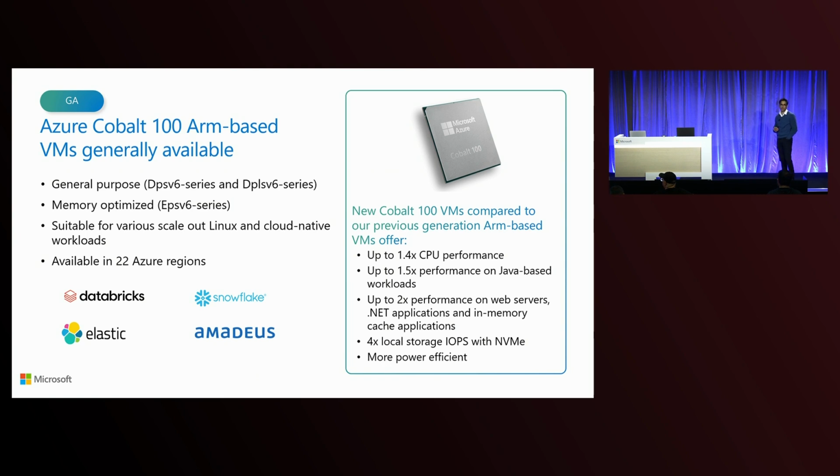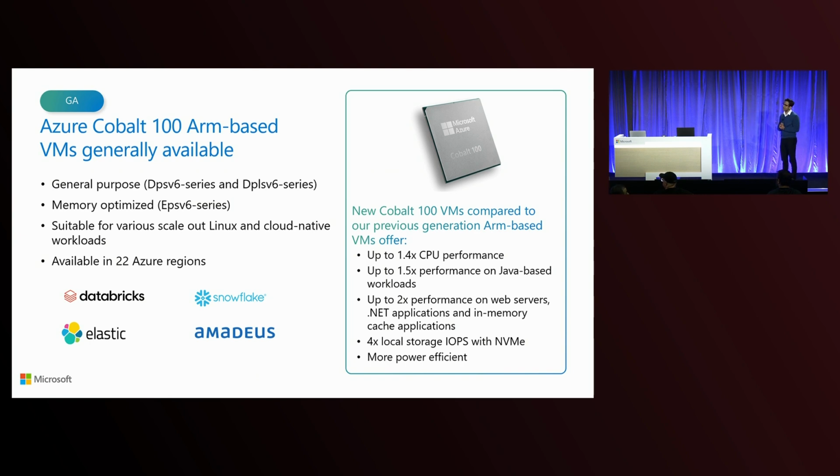When it comes to web servers, .NET applications, and other workloads, you'll see 2x performance benefits. And because these VMs have NVMe local storage disks, you get 4x the local storage IOPS. And of course, this is ARM architecture, so with that comes power efficiency. And so the Cobalt 100 based VMs are the most power efficient VMs right now in Azure.